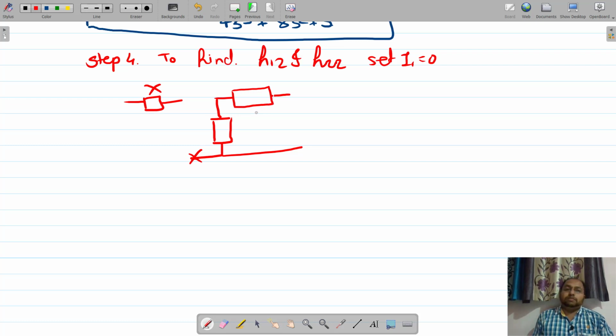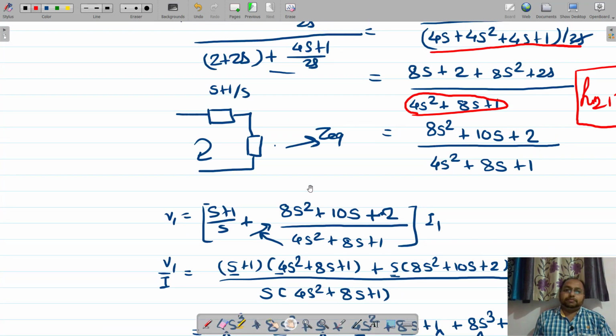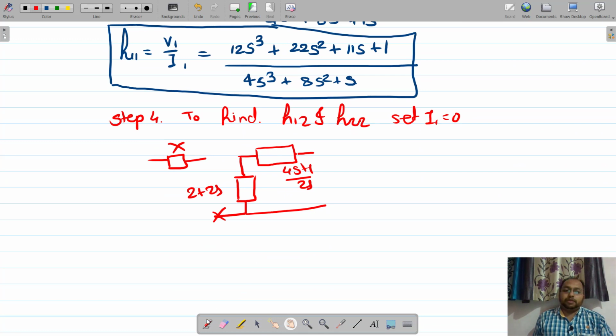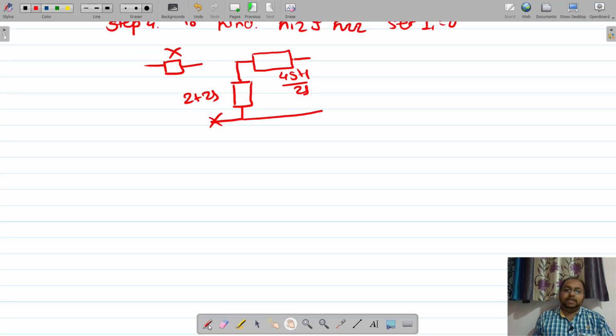So this is 4s plus 1 divided by twice s, and this one, let me recall it, I think it is 2 plus 2s. Yes, it is 2 plus 2s. Now let us apply KVL.